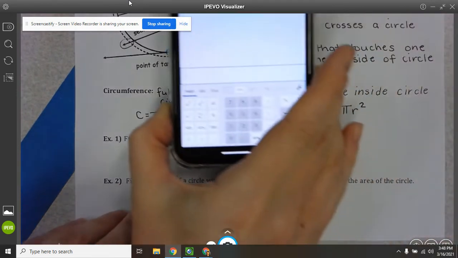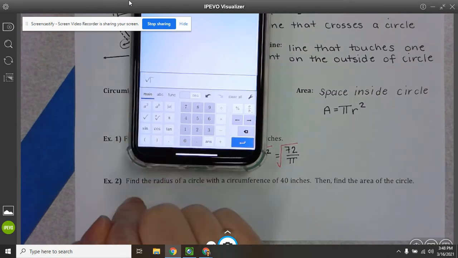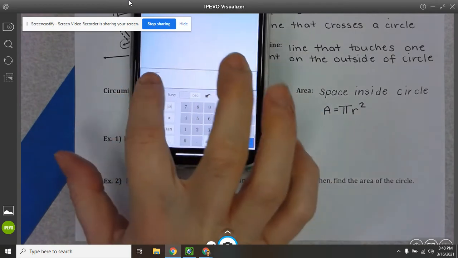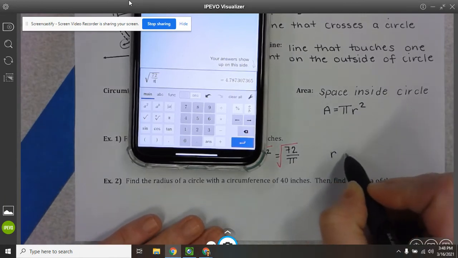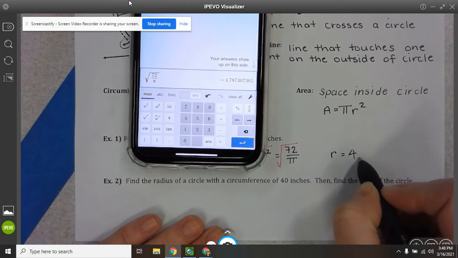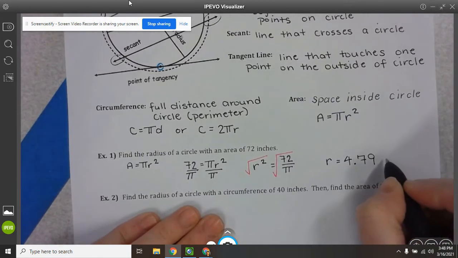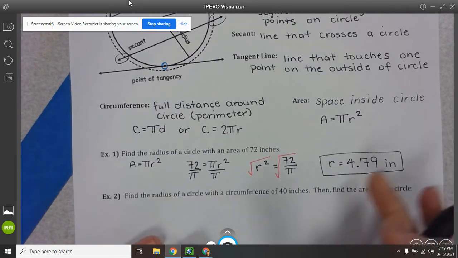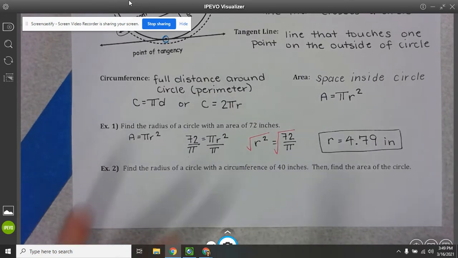And if you're using your scientific calculator app with Desmos, you can do the square root, put a fraction inside, and then do 72 divided by pi all in one step. So here, our radius would be 4.79. And that unit here is inches. Now we did have to round, so we know that this is a rounded estimate of our radius. It's not exactly perfect, but it's close.